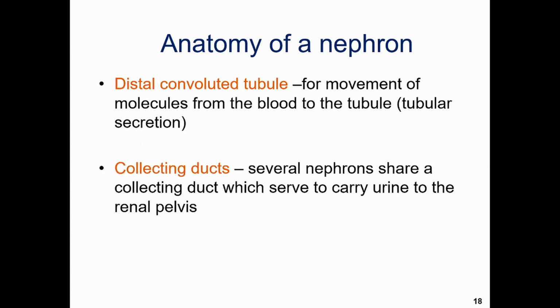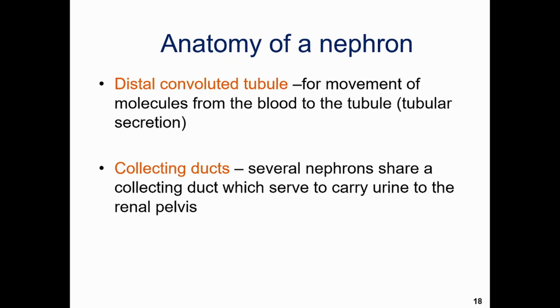And then the distal convoluted tubule, as we move into that last part that's all twisty, this is where we're going to be pulling some more things from the blood and putting them into the tubule. We'll talk about those components there in just a minute. And then lastly, those collecting ducts.